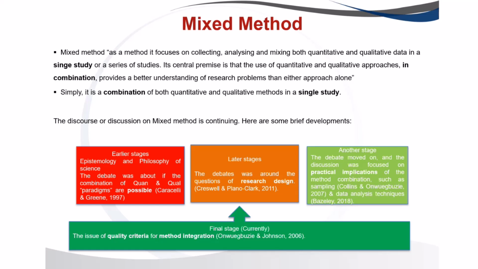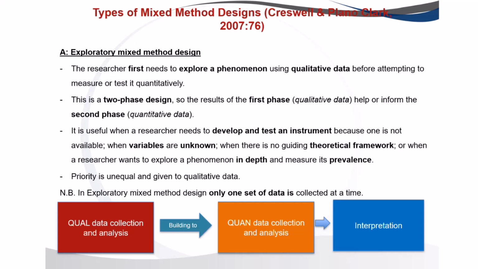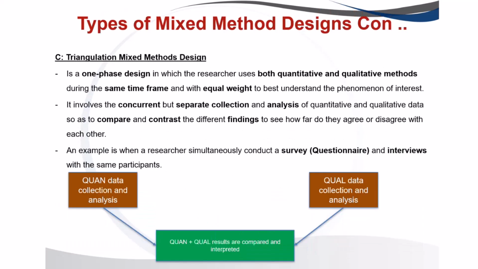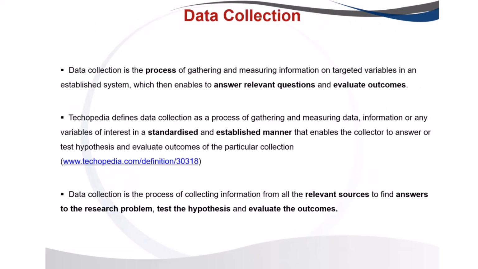Okay. I want us to move quickly to this slide. Data collection. Data collection has been described as a process of gathering and measuring information on targeted variables in an established system, which then enables one to answer relevant questions or hypotheses and also evaluate the outcomes.